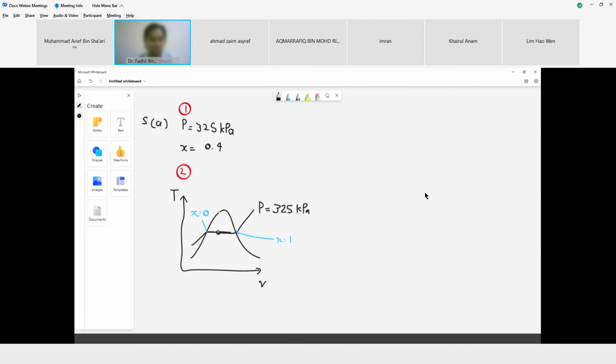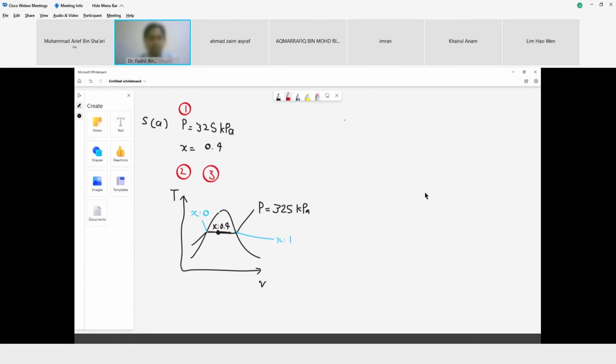For example, here is where X equals 0.4. This is step number 2 and number 3. So we have done step 1, step 2, and step 3.